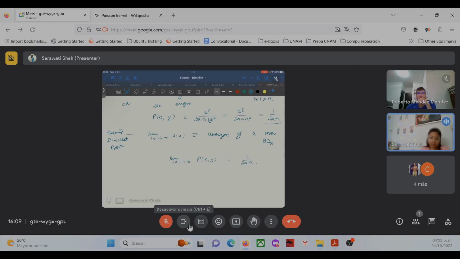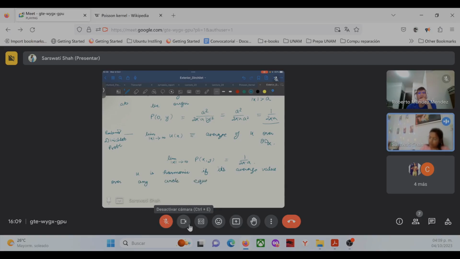So from here we can see that u is harmonic if its average value over any circle equals the value at the center.